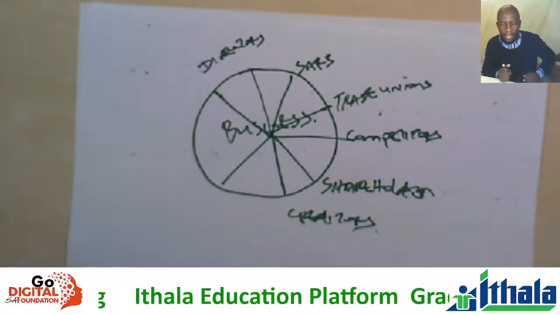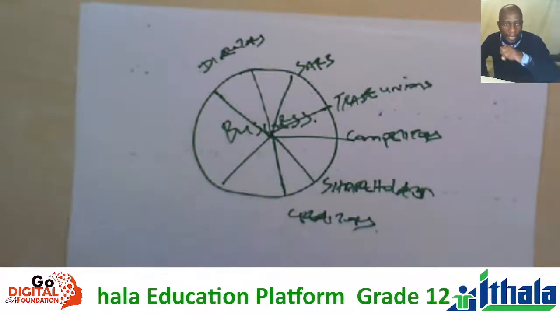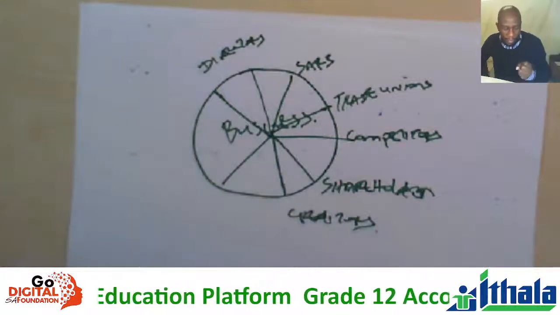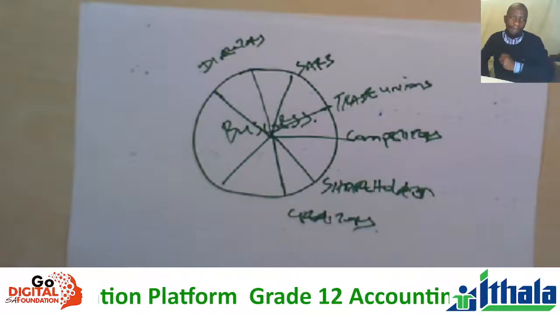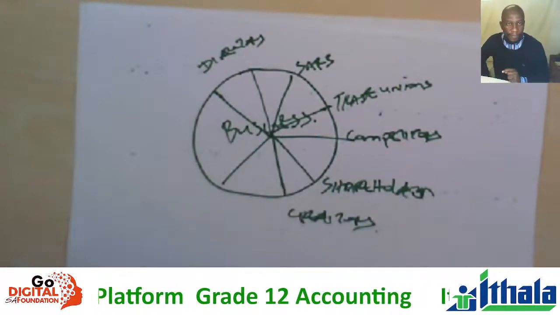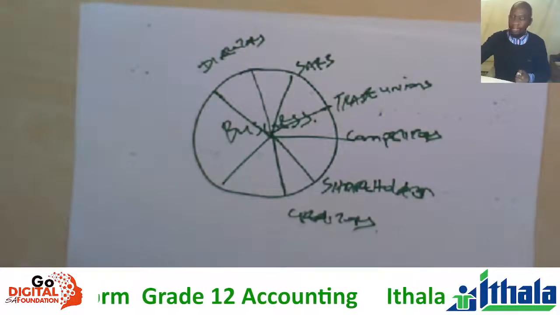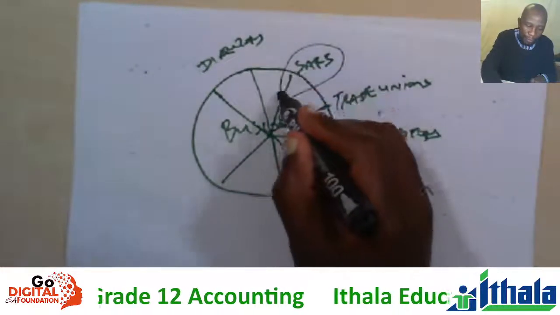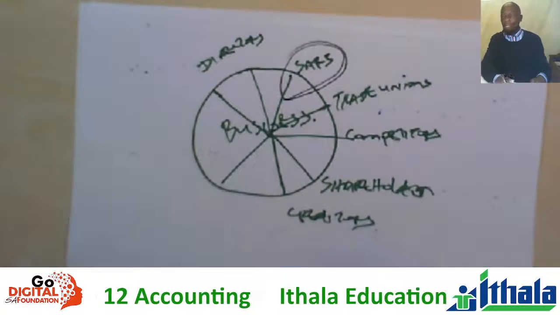The point I'm trying to make, learner, is that once we have sales, there's money now in the basket. Among all these stakeholders, the number one stakeholder we must pay first is SARS. In South Africa, it takes 30% of our companies' profits. Remember, we're dealing with companies. So SARS is the number one stakeholder.